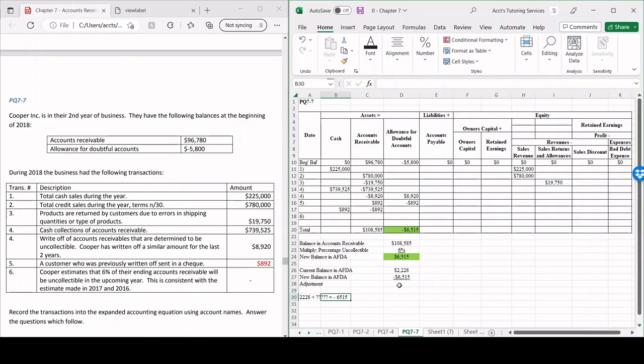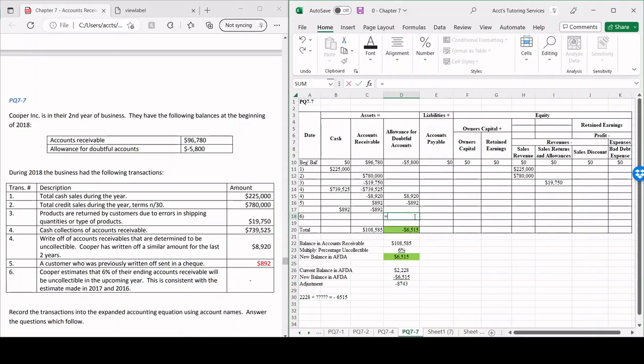To rearrange this formula, we're going to do negative 6,515 minus 228. We subtract it because we have to isolate the question mark. So we're going to take this and bring it over to this side over here. And once we do that, this changes into a negative. So negative 6,515 minus 228 gives us negative 8,743.